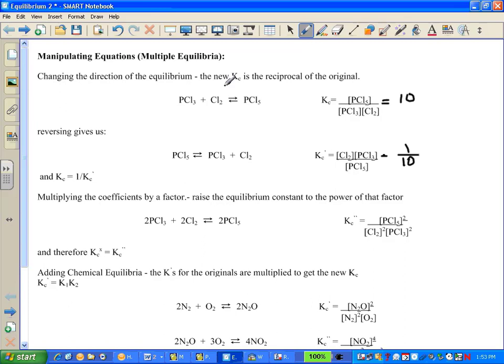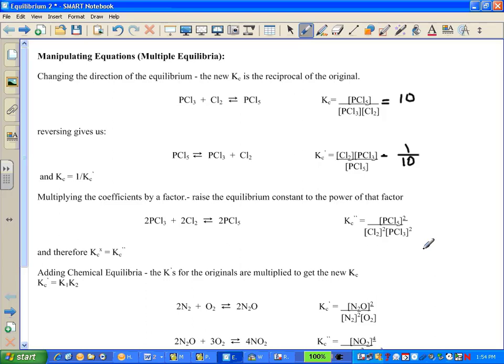So if we take this original reaction, PCl3 plus Cl2 in equilibrium with PCl5, and we multiply the entire reaction by 2, then when we write out the equilibrium constant expression, it's the concentration of PCl5 squared over the concentration of Cl2 squared times the concentration of PCl3 squared, which, if we examine it carefully, is simply the original equilibrium constant expression, all squared.